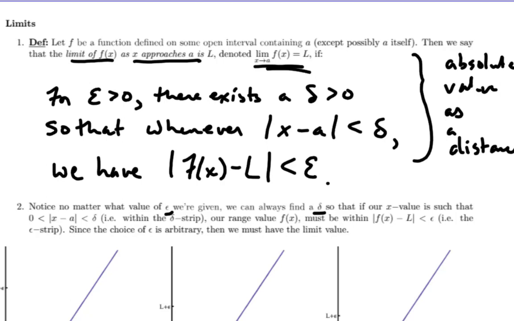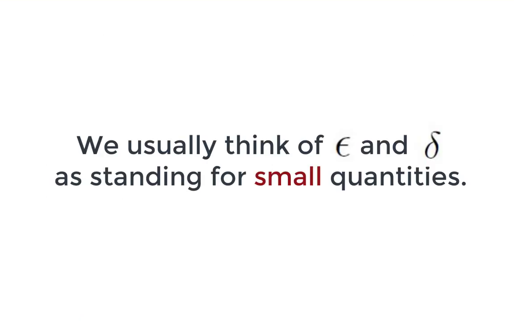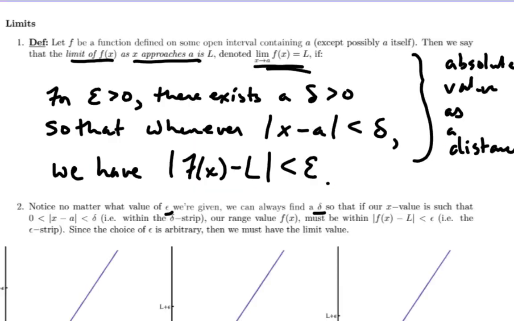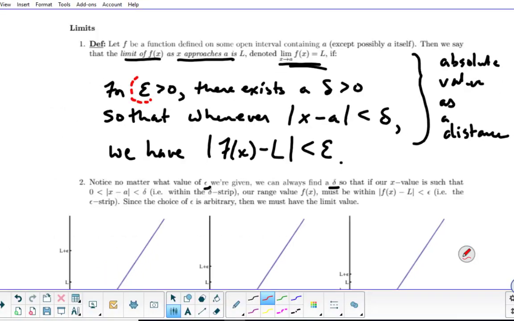The next thing I want to say is we usually use these epsilons and deltas to stand for very small quantities. So somebody hands you a small quantity, an epsilon value. It might be helpful to think about this epsilon value as an error allowance.